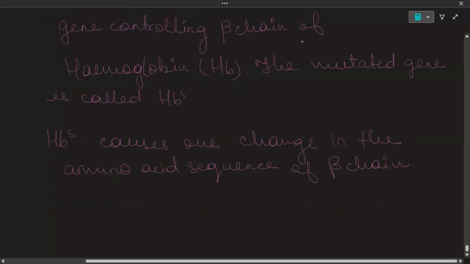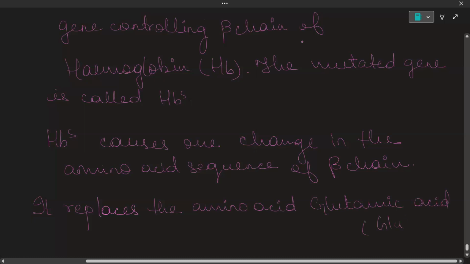Now, how does it do it? It replaces. What does it replace and with what? Tell me. Which amino acid is being replaced here? Glutamic is replaced with valine. Very good. So it replaces the amino acid known as glutamic acid. In the bracket, you write down GLU.